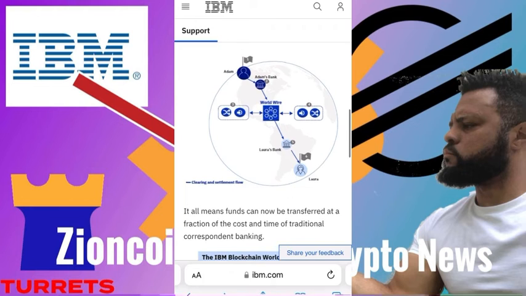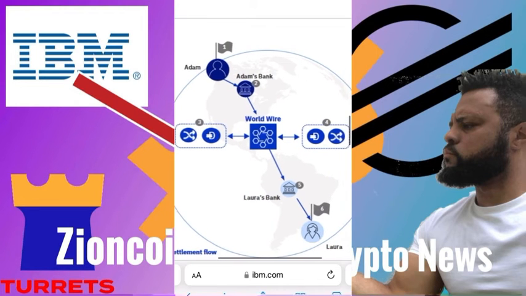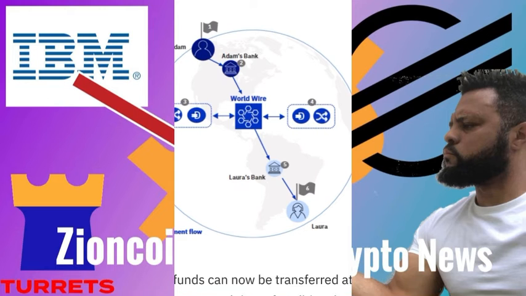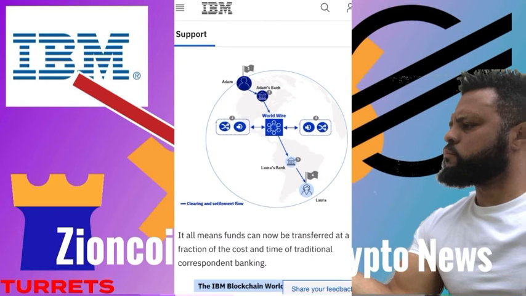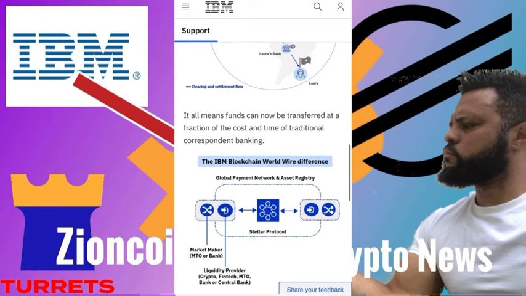So you can see that Adam sends his money from his bank to World Wire. It clears and settles at 3 and 4, and then moves forward to Laura's bank. How cool is that? It's instant. This payment process can literally happen within 10 seconds, as opposed to 7 days. That's what we're talking about. So it all means funds can be transferred at a fraction of the cost as well, and a fraction of the time of traditional banking systems.